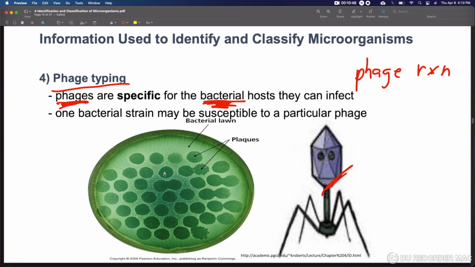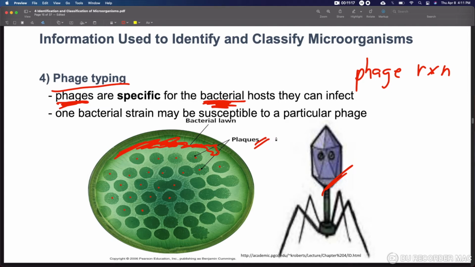So what's going to happen here is we're going to inoculate bacteria on our agar plate. We call this the bacterial lawn. And we're going to drop what we call the phages, the bacteriophage, on that bacterial lawn. And we're going to look at what we call plaques. These plaques are technically zones of lysis.